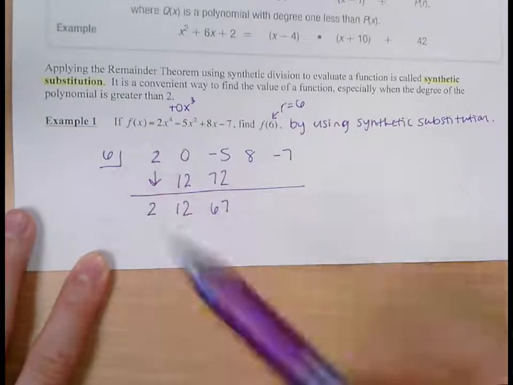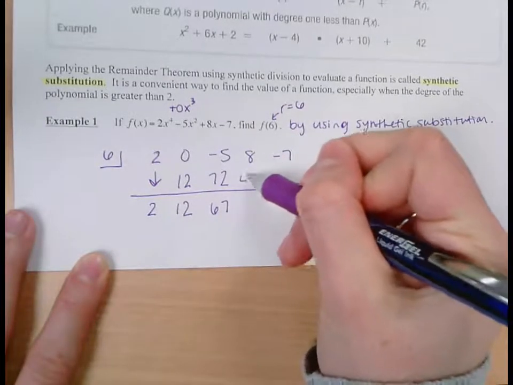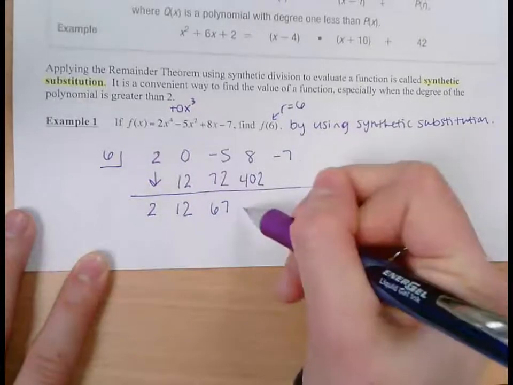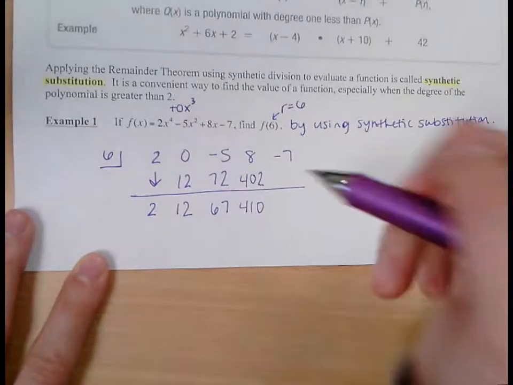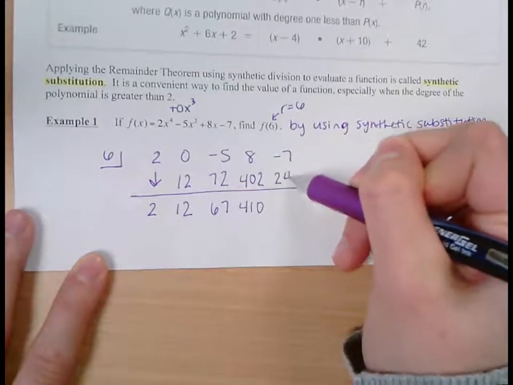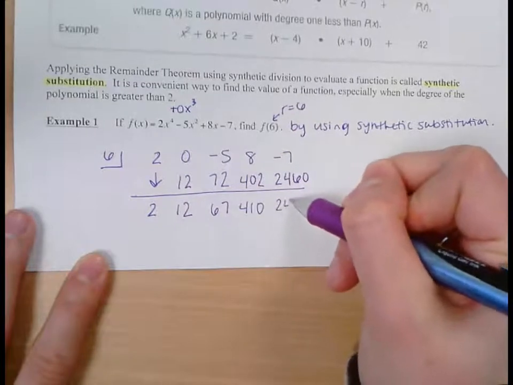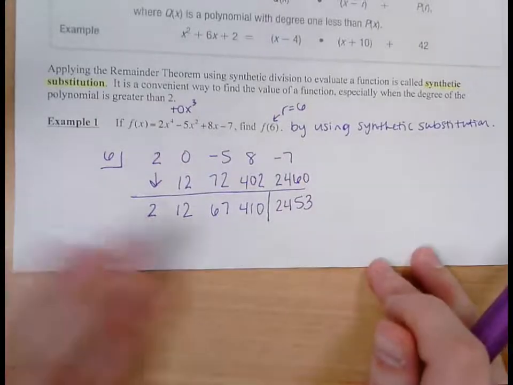And then 67 times 6 is 402. Add 8 to that, and that's 410. Then multiply 410 by 6, and that's 2,460. Add negative 7 to that, 2,453, and that would be the remainder.